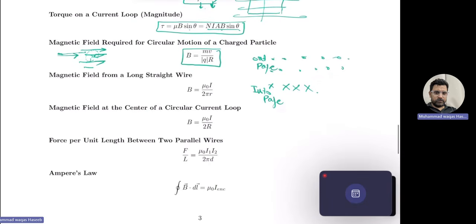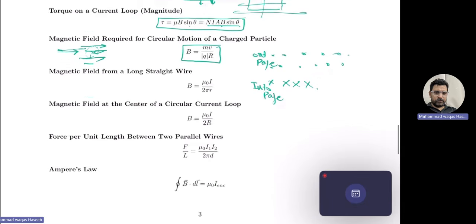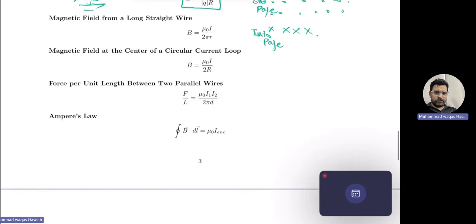Then we have another important concept, which is Ampere's law. Ampere's law says that for any closed loop, the closed loop integral around any closed loop is equal to the current enclosed in that loop times this.